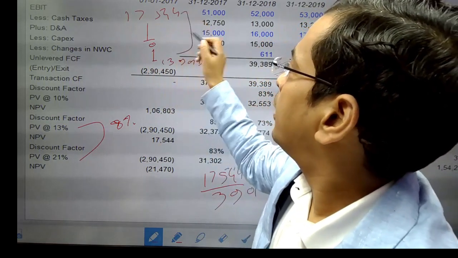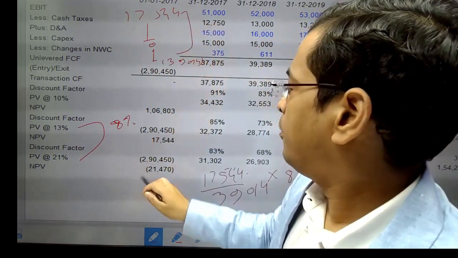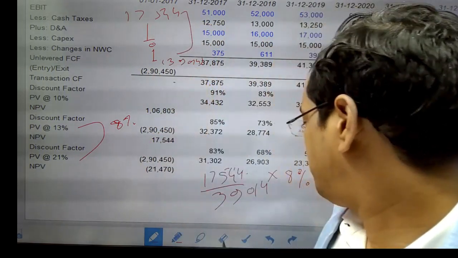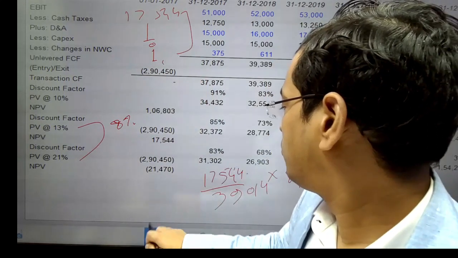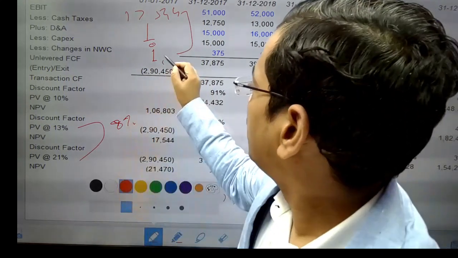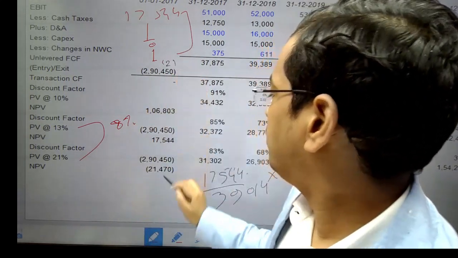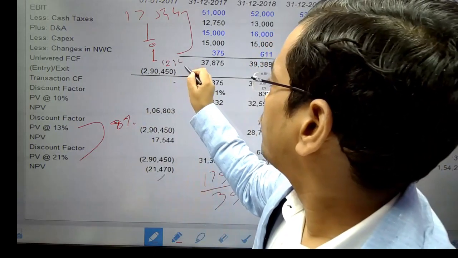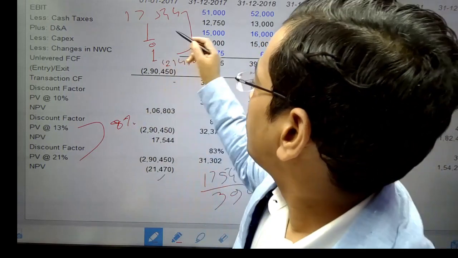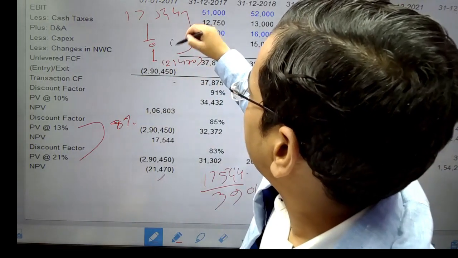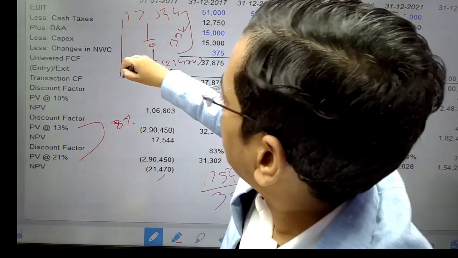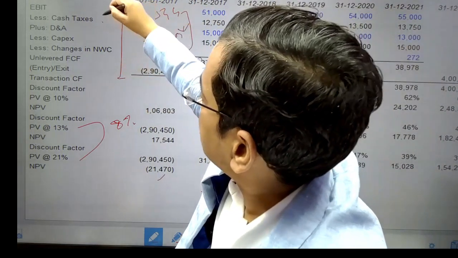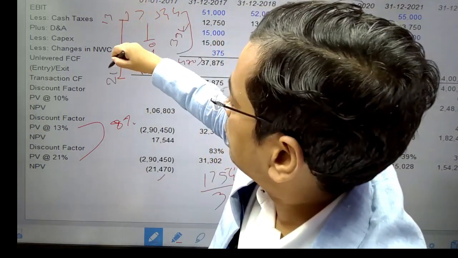Sorry, it has to become minus 21,470. So basically the net difference of 39K is between the two rates, which are 13% and 21%.